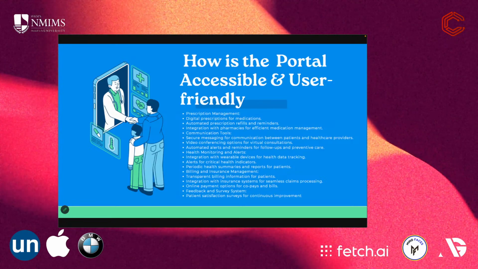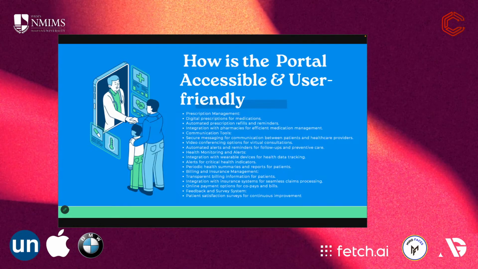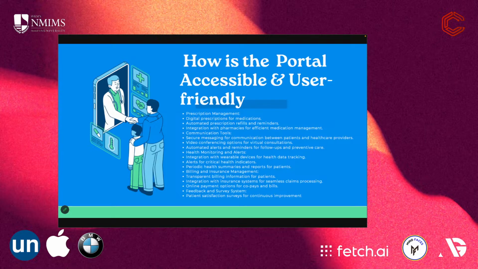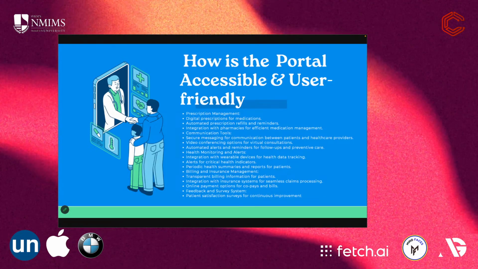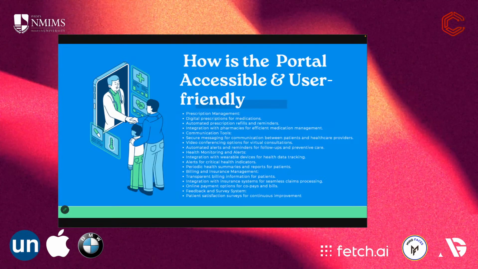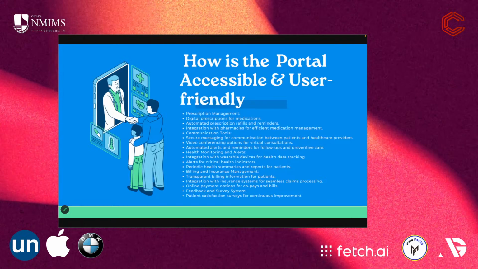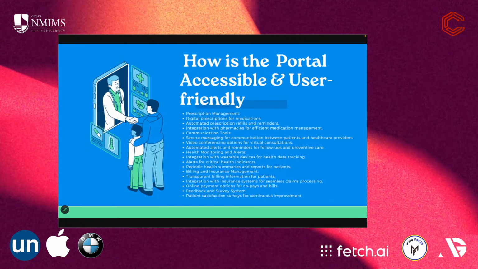Then there's secure messaging for communication between patients and healthcare providers. You can interact through the portal, which was rarely seen in any websites. Then health monitoring and alerts. You can monitor your health records and everything easily, which is easy to access.